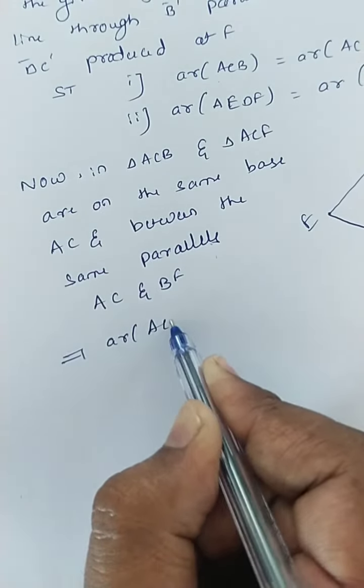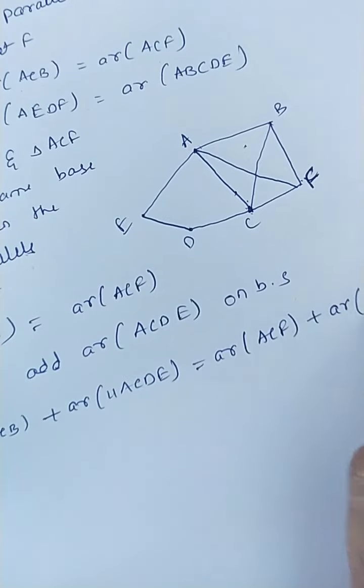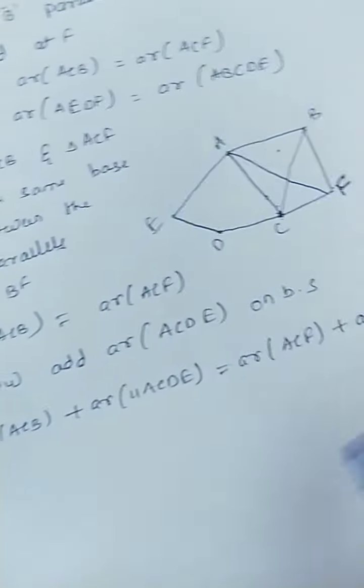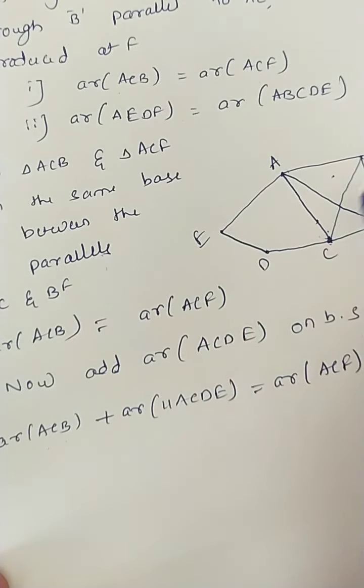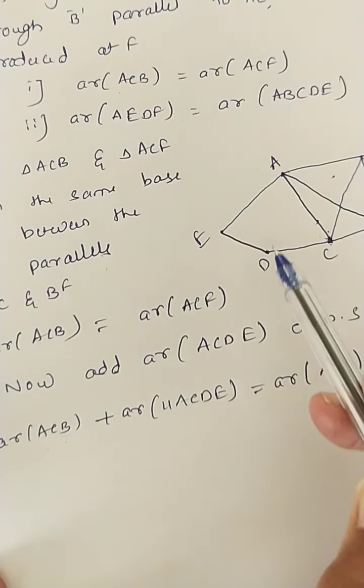Now add the area of ACDE on both sides. If I add to both sides, the area of triangle ACB plus the area of ACDE is equal to the area of triangle ACF plus the area of ACDE. The area of triangle ACB plus the area of ACDE, what can we write?